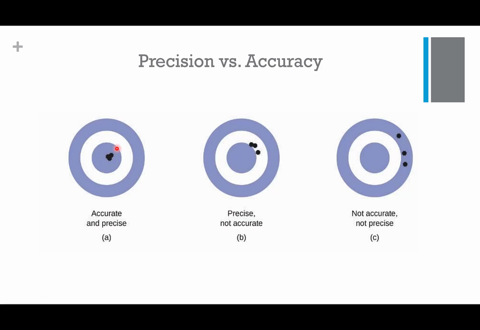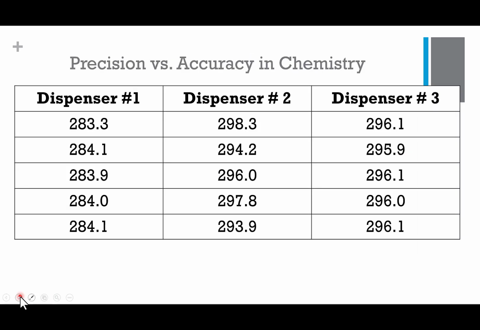Unfortunately, in chemistry, we're not shooting at targets. We are looking at data in the lab. So here are 3 different dispensers that we could use in the lab. Dispenser number 1. The first thing I notice about dispenser number 1 is all of those values are pretty close. So we've got 83.3, 84.1, 83.9, 84.0, 84.1. All those values are really, really close to each other. So I would say that this dispenser is precise. It gives us the same value over and over again.